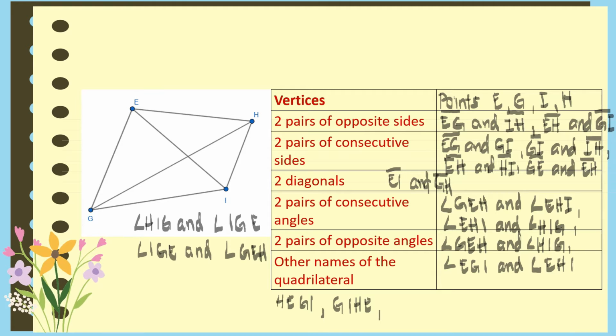What else? Quadrilateral IHEG or quadrilateral EHIG. So there are many ways on how to name this quadrilateral.